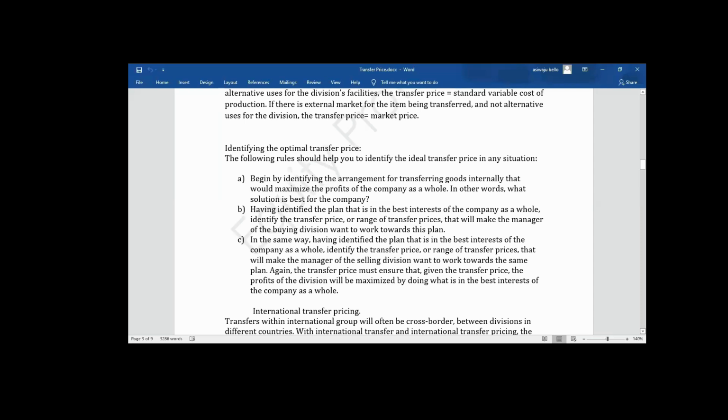One, begin by identifying the arrangements for transferring goods internally that would maximize the profit of the company as a whole. In other words, what is in the best interest of the company? Which transfer price is in the best interest of the company?